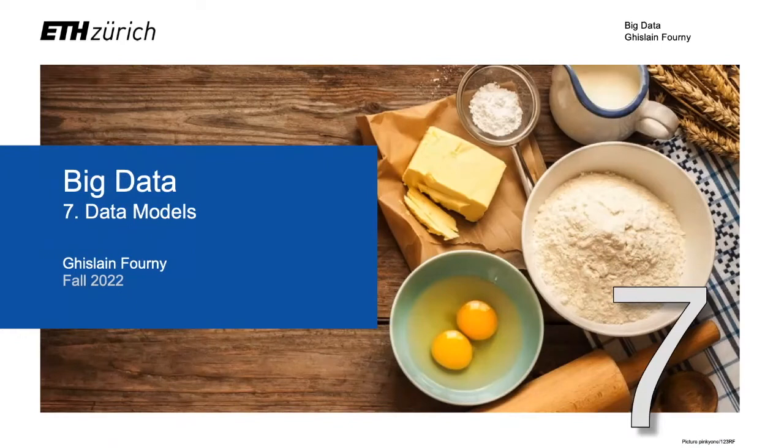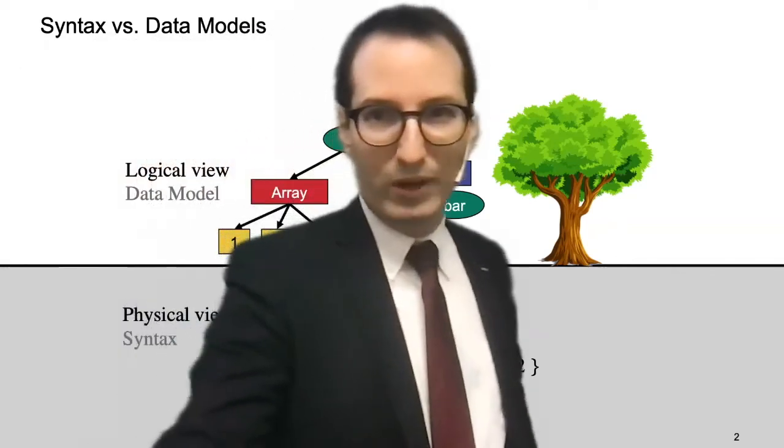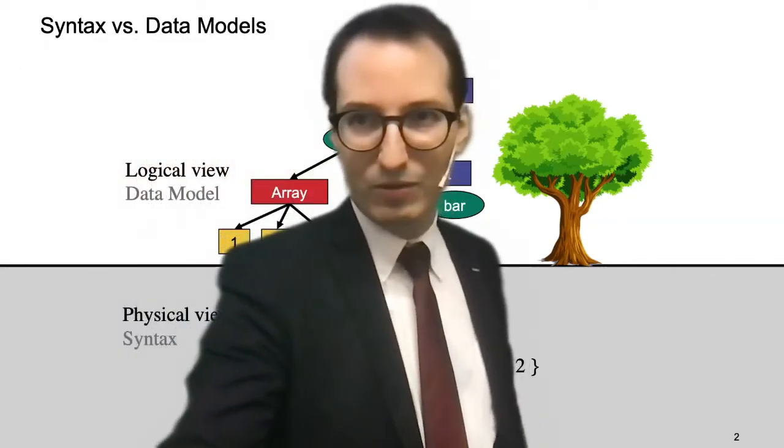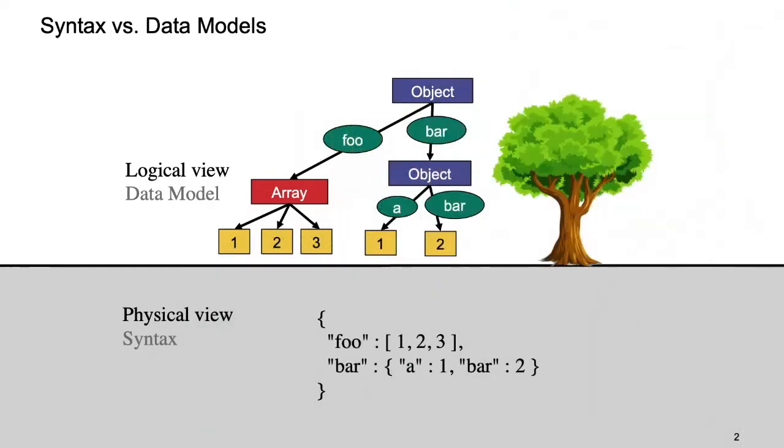Today we are going to continue speaking about data models and validation. So as a quick reminder, what we saw 2 weeks ago was syntax. We looked at text files. These text files happen to be CSV or JSON or XML, but this was just text.